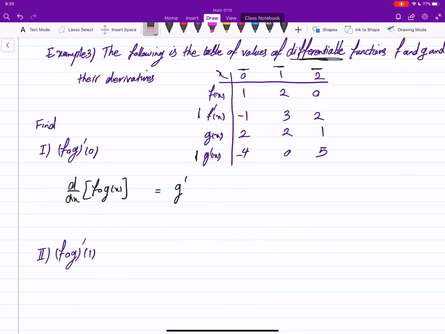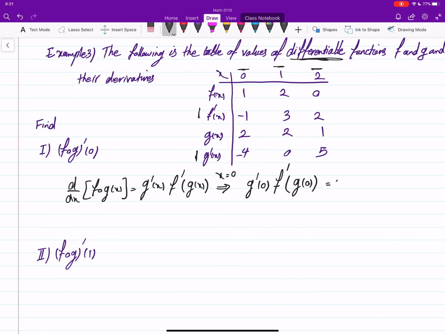Forget that we are going to evaluate at 0. We just find the derivative in x, and then we will evaluate it at 0. The chain rule says the derivative of the inner one times the derivative of the outer one evaluated at the inner one. Now, from this, plug in x equal to 0. So it will be g prime at 0, then multiplied by f prime, evaluated not at 0, but at g of 0.